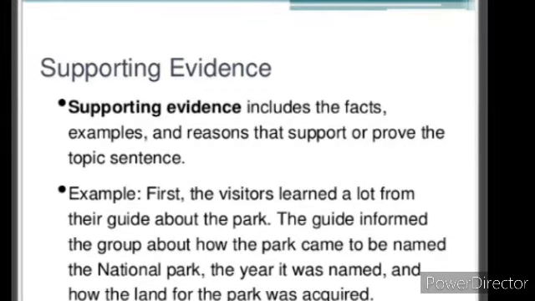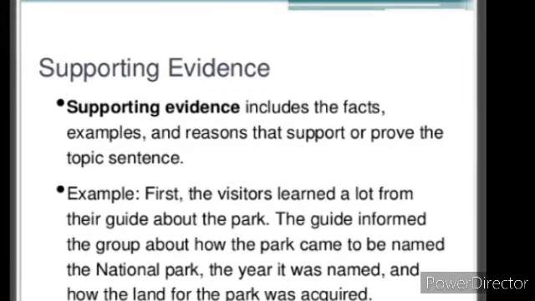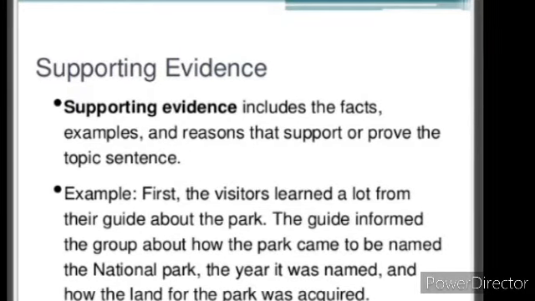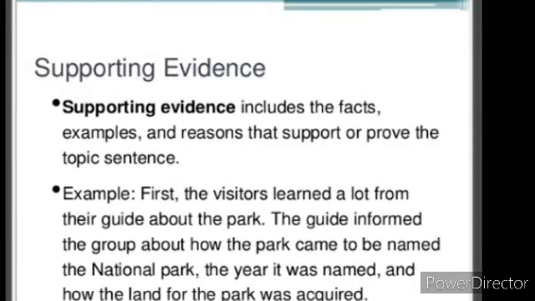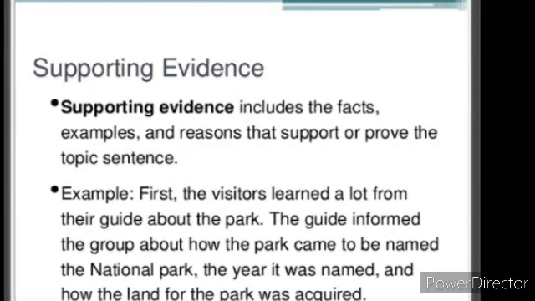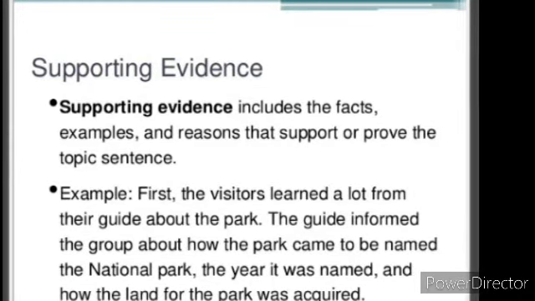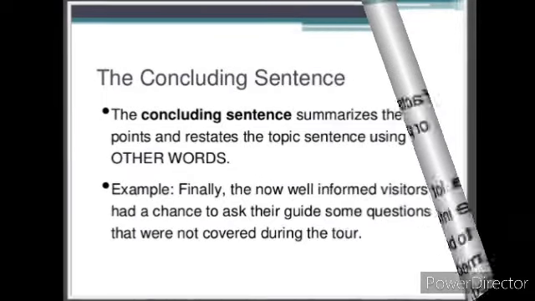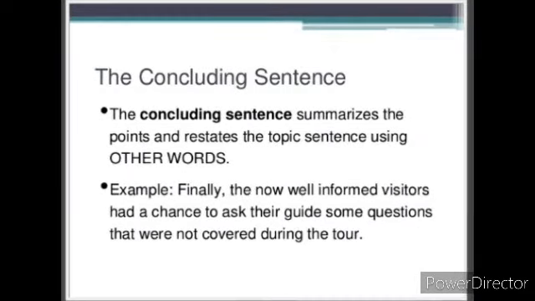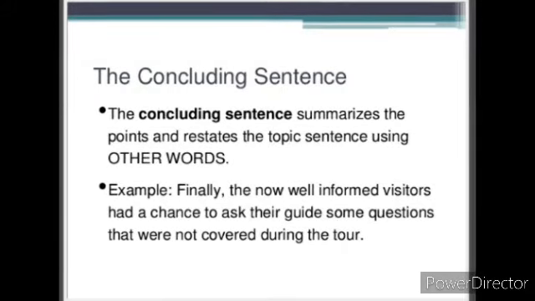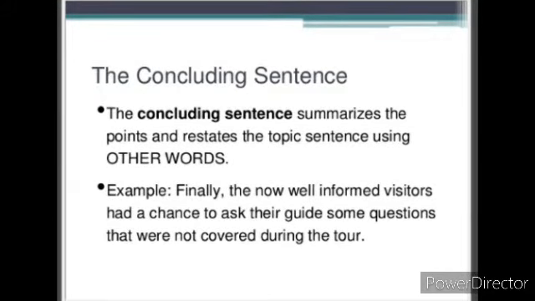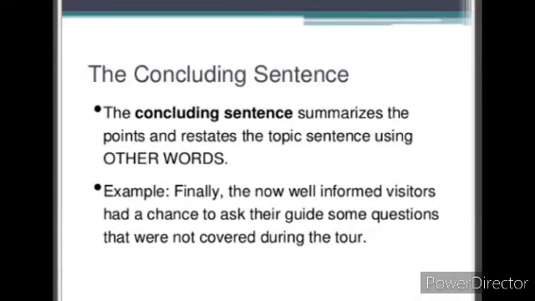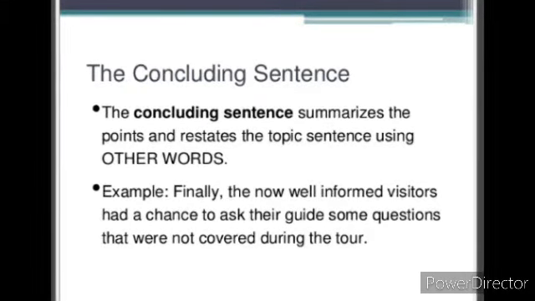These are the examples given about the evidence, and now let's go to the next step. The next step is called the concluding sentence. The concluding sentence summarizes the points and states the topic sentence using other words.